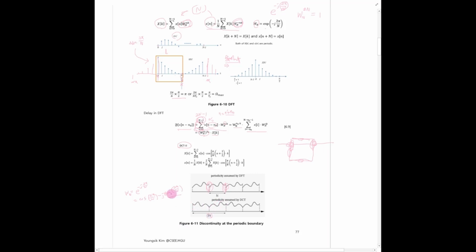If you take the product between them, this term will go to 0. We only need cosine terms. So if you take the DFT by use of cosine terms, that is called the DCT, discrete cosine transform.